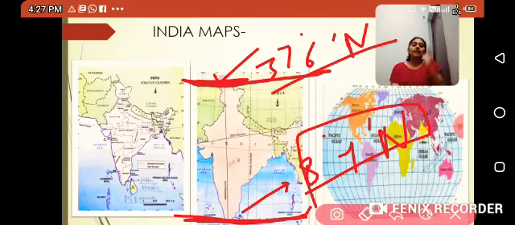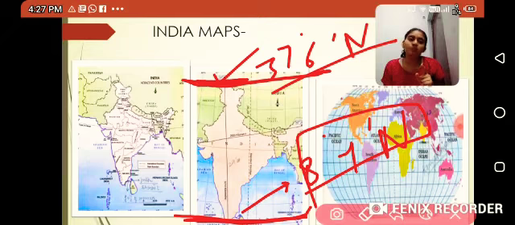Now guys, again you must have a question. When I'm talking about the northmost tip of India, that is with the direction of the north. But when I'm talking about 8 degree 4 minute north, I think I should say 8 degree 4 minute south, removing north and putting south.